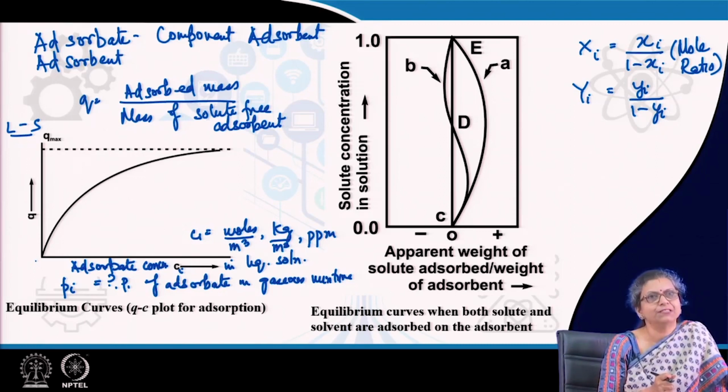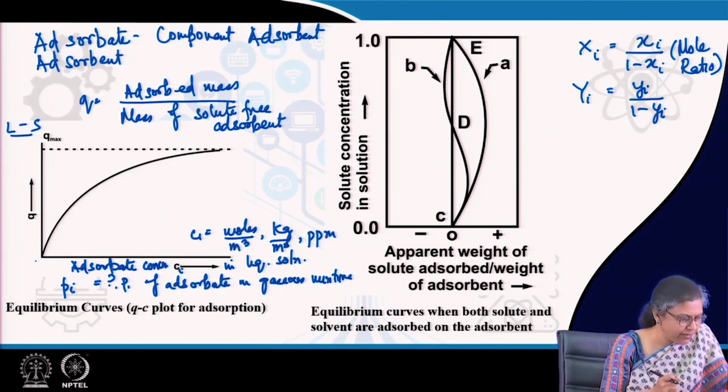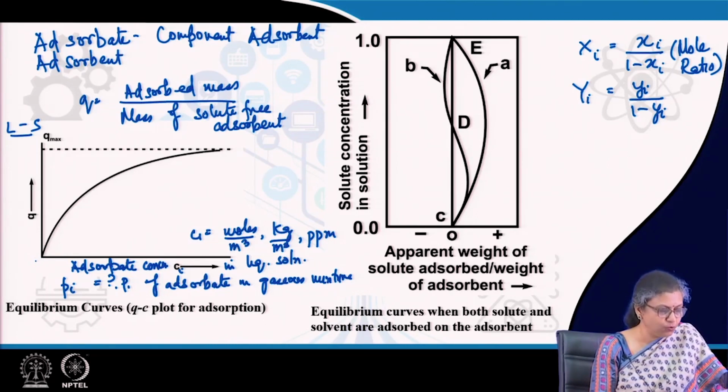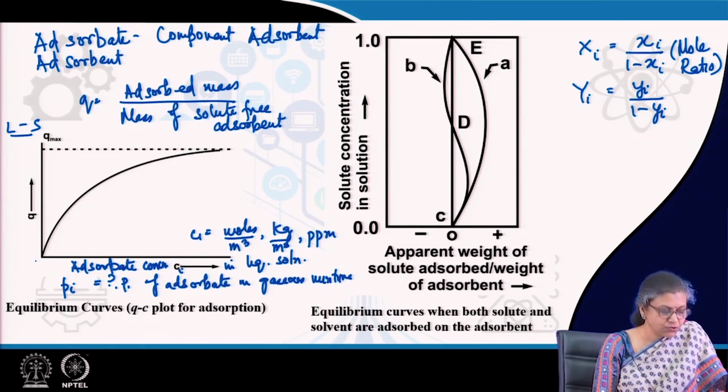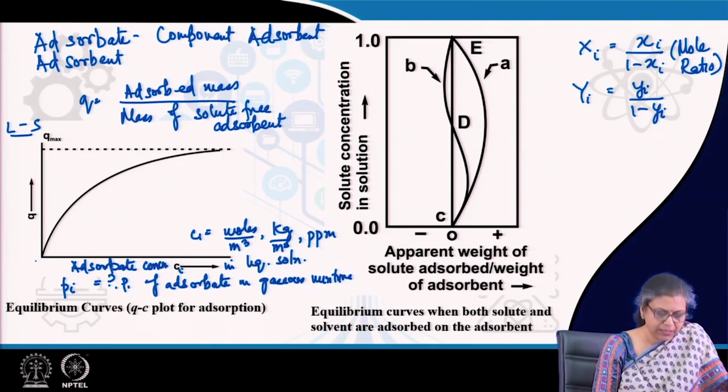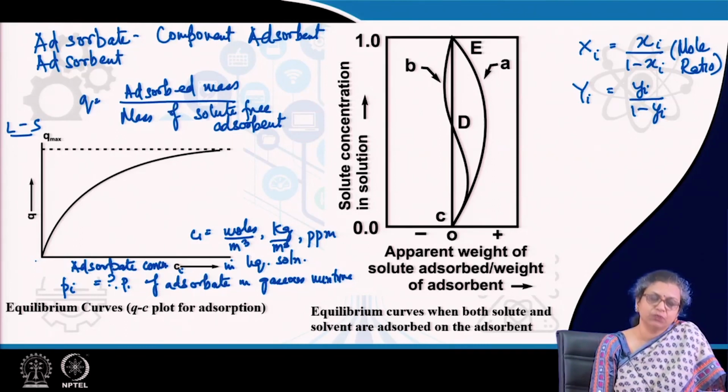So, from Van 't Hoff's law, as we go to higher temperature, adsorption decreases; the adsorbate loading at constant solute partial pressure for gas adsorption, and at constant concentration of the solute in a liquid solution, decreases.